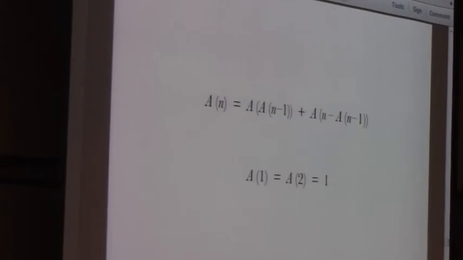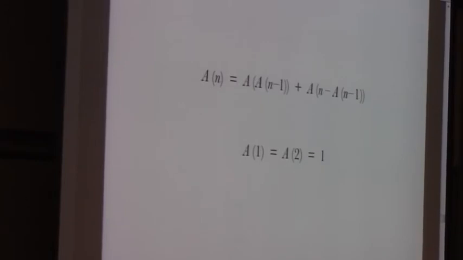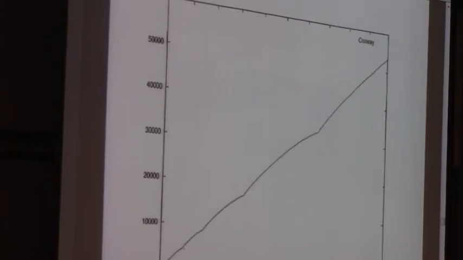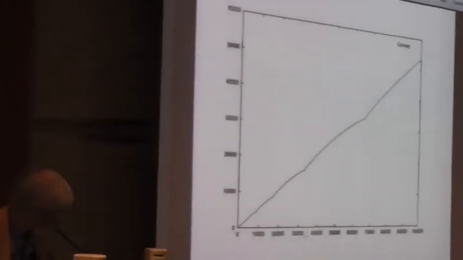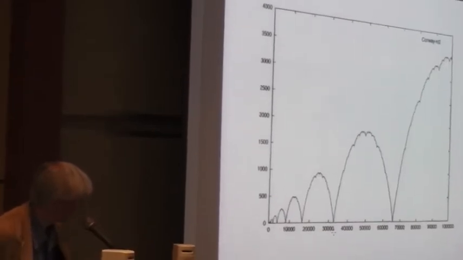Okay, then this function was another variant that I explored, and it was not as obvious a variant, but it looked something like this, and if you subtract the diagonal of y equals x, it looks like that.